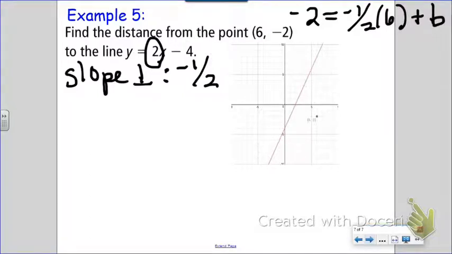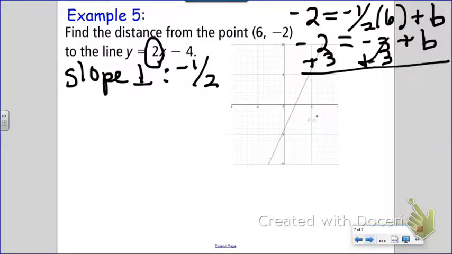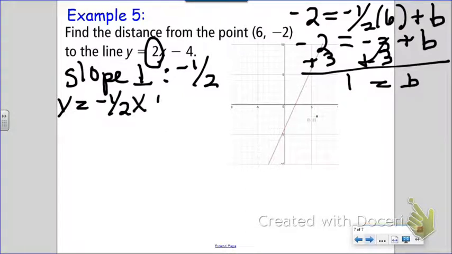Half of 6 is 3, so it'll be -3. On the left is -2. On the right, -3 plus b. Add 3 to both sides. b equals 1. So my new equation is y = -1/2 x + 1.